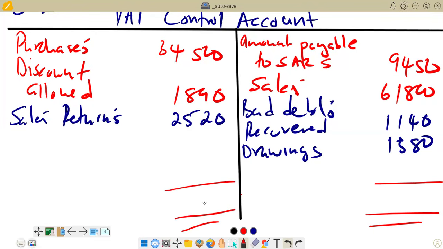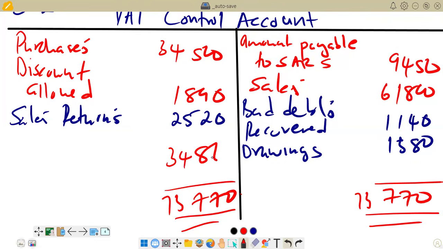So that is the total that is going to come between the double lines, 73,770 on both sides. Then you say this total minus 2,520 minus 1,890 minus 34,500, and you get a balance of 34,860. This is the amount. When the balance is on the debit side like this, it's an amount payable to SARS.